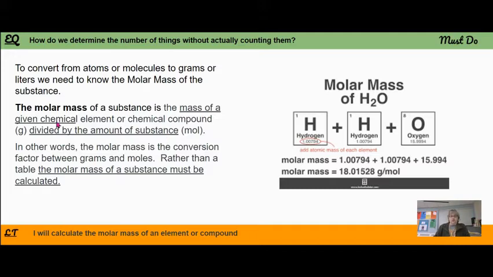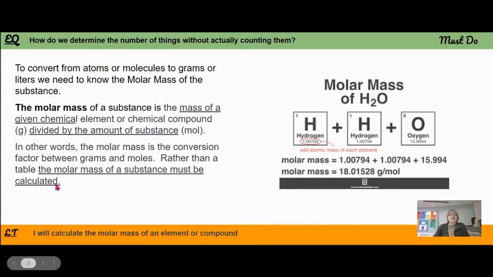So the grams of a given chemical divided by the amount of the substance, which is the moles. In other words, the molar mass is the conversion factor between grams and moles. So when you calculate the molar mass, you're calculating the conversion factor for that compound that has something like this many grams equals this many moles.